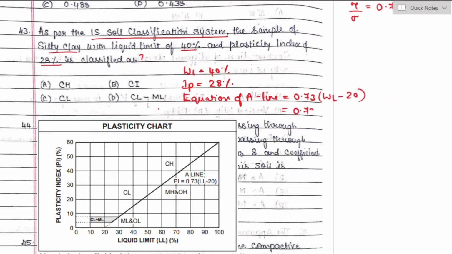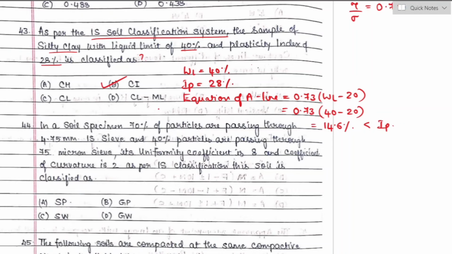So 0.73 times (40 minus 20), the A line value will be 14.6%. Since the A line value is less than the plasticity index of the silty clay, the type of the clay will be intermediate clay. Option B is the right answer.